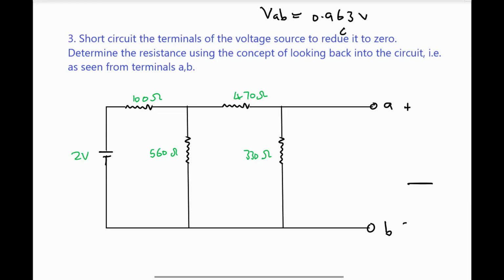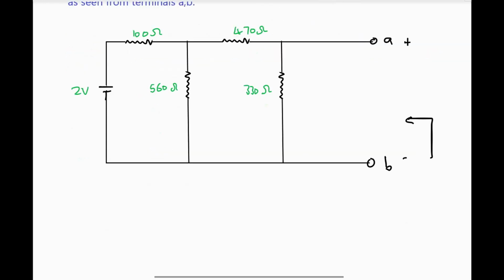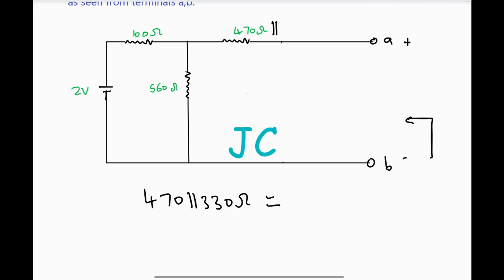So using the concept of looking back into the circuit, I can see that my 470 is in parallel with the 330 ohms. So I can make this into one resistor. So simplifying the circuit diagram, I'll have that 470 in parallel with the 330 ohms. So I'm still looking back into the circuit, and now my R Thevenin will be the 100 ohms also in parallel with the 560 ohms.